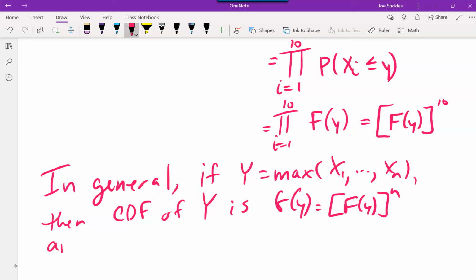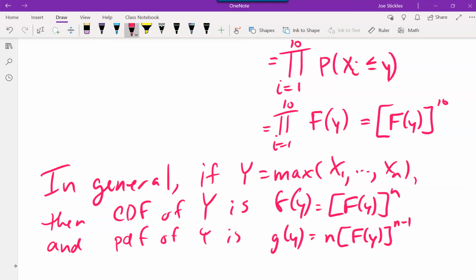Now, how do we find the PDF? Okay, need to differentiate. When we differentiate that, what happens with the n? Comes down, decrease the power by 1, and then what do we multiply by? Yeah, the derivative of big F, which is little f, right?